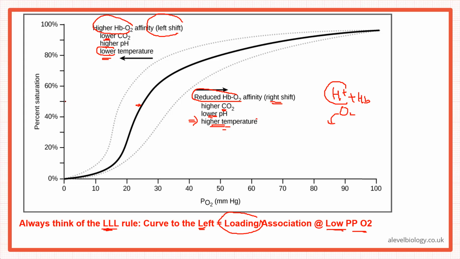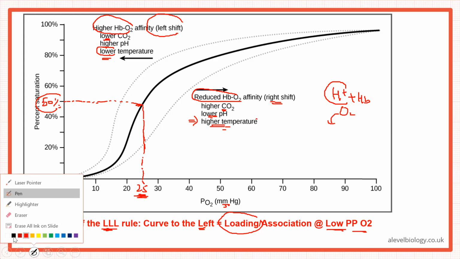If I draw a line, let's say we start with the standard one, at 50%, what is the partial pressure of oxygen? It seems like around 25 millimeters of mercury. So in the standard curve, at 25 millimeters of mercury, 50% of hemoglobin is saturated with oxygen.